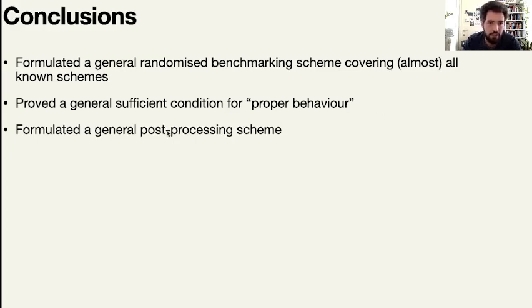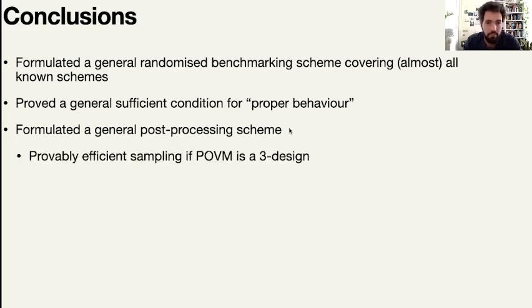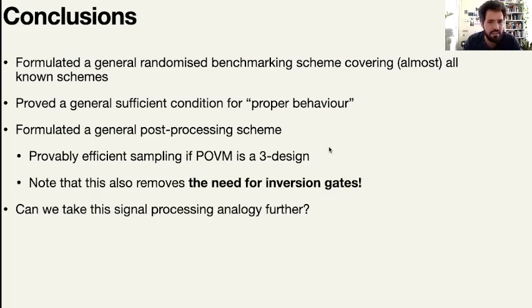We formulated a general post-processing scheme based on ideas from filtering and Fourier transforms on groups, which is provably efficient if the POVM that you're measuring in is a 3-design, and probably also in other cases. This is a sufficient condition, but certainly not a necessary condition.